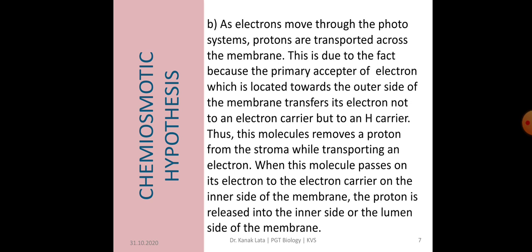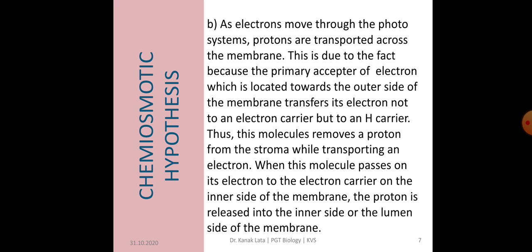In the second step, as electrons move through the photosystems, protons are transported across the membrane. This happens because the primary acceptor of electron, which is located towards the outer side of the membrane, transfers its electron not to an electron carrier but to a hydrogen carrier.